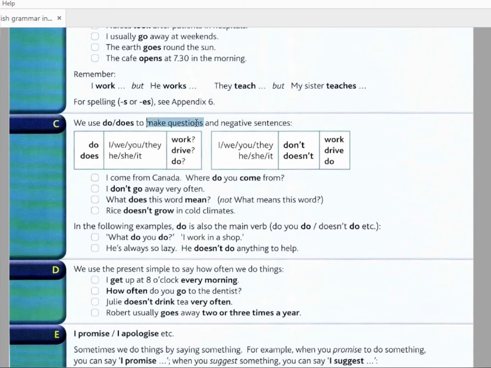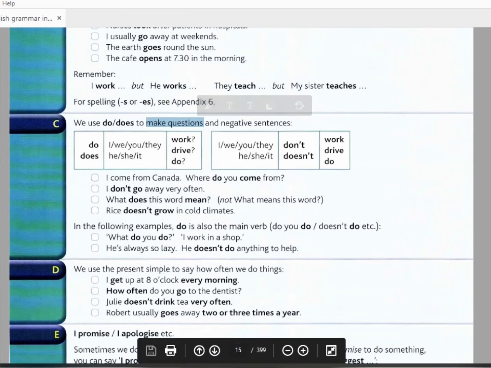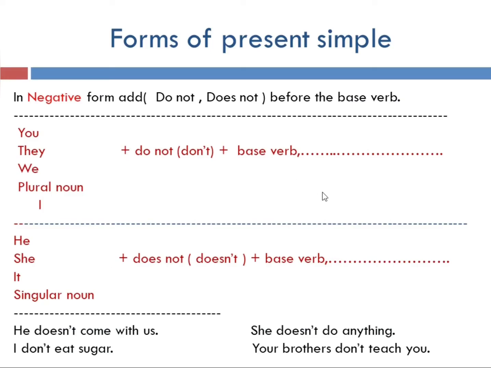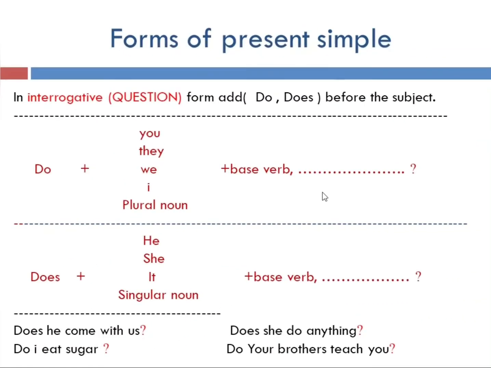So let's see how to make questions in present simple. So this is easy. In interrogative, the question form, we will add do and does, not don't and doesn't. Why? Because it's about question form. So if we add don't or doesn't, this is the negative form. Before the subject. So it means these two words come at the start of the sentence.